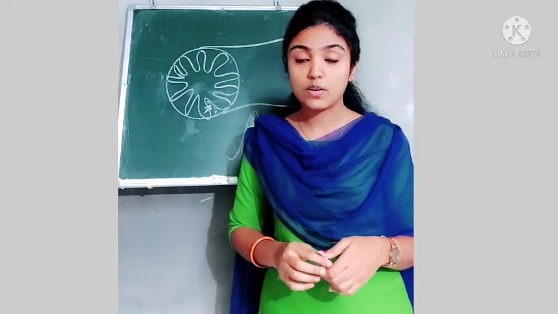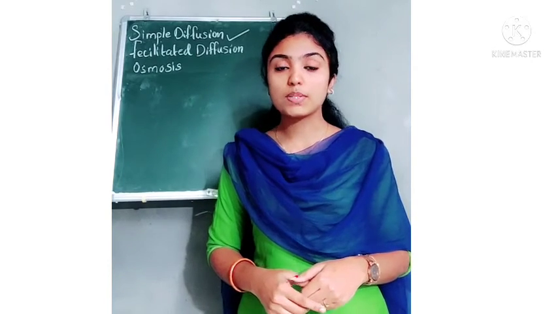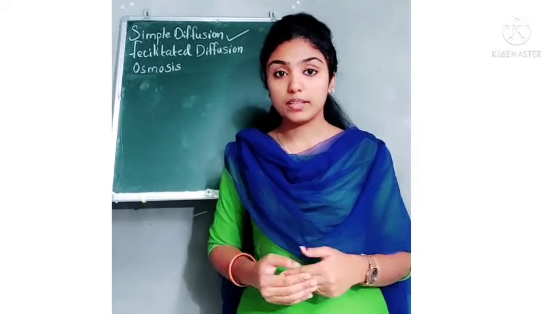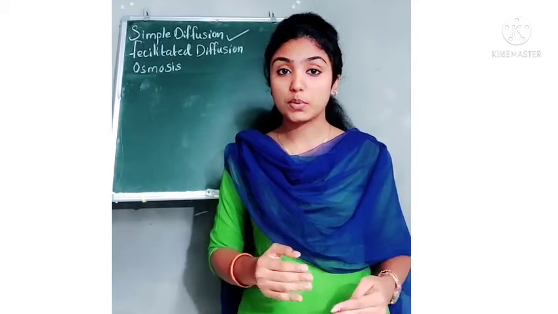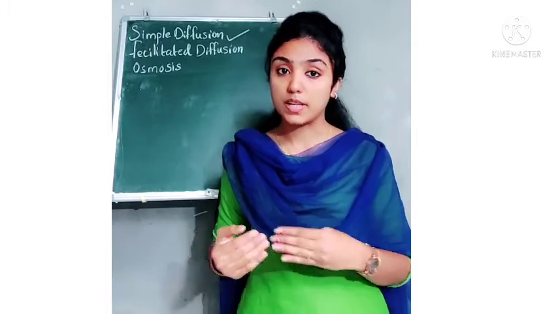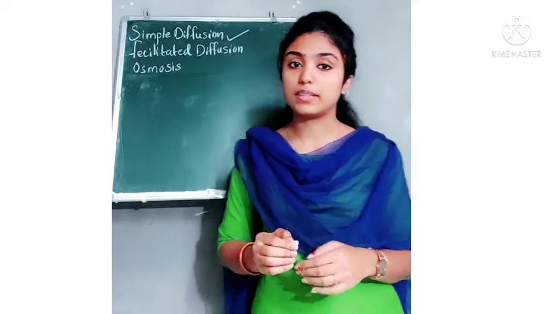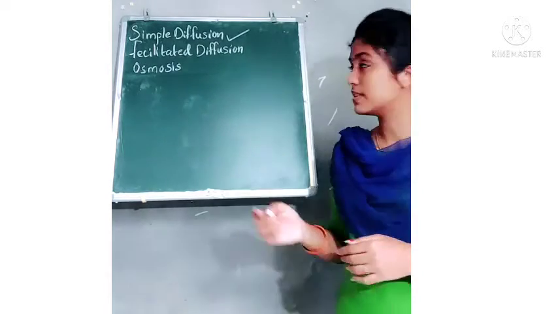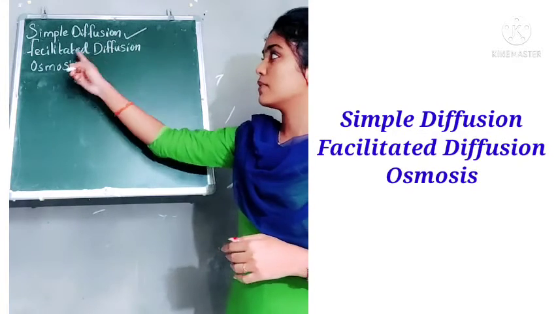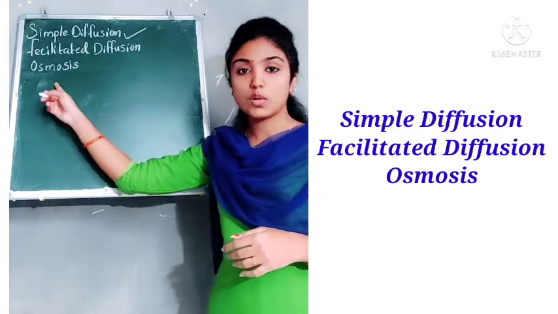The movement of simple nutrients into blood and lymph takes place by three methods: simple diffusion, facilitated diffusion and osmosis.